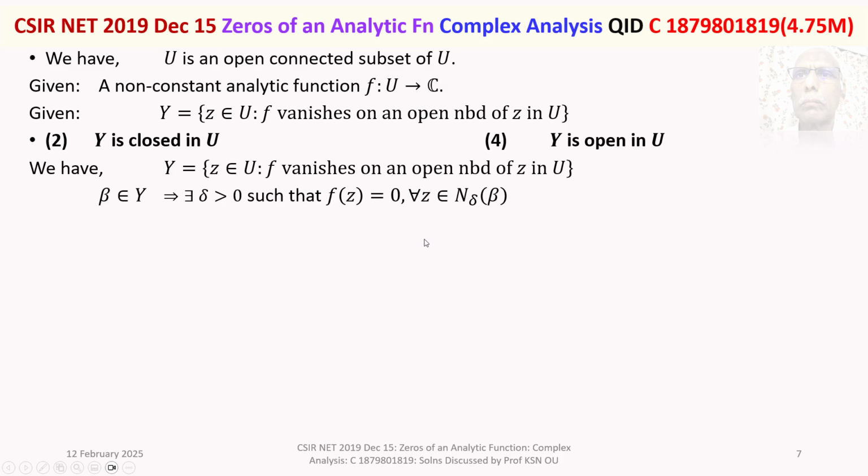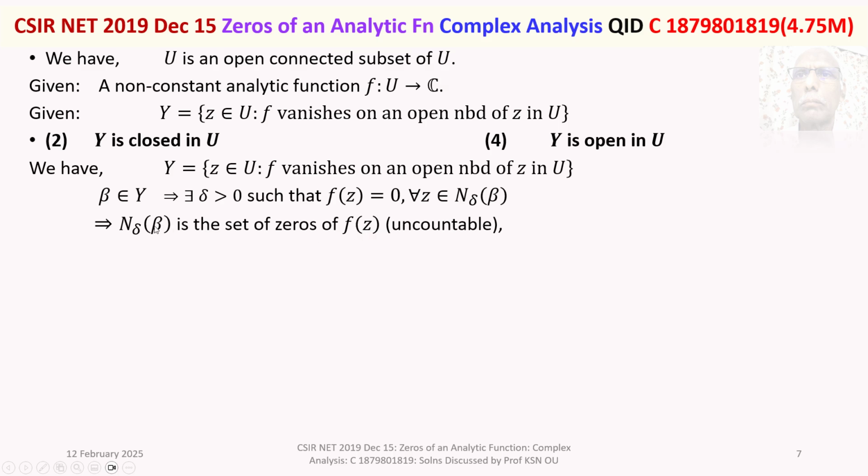This implies there exists a delta greater than 0 such that f(z) equals 0 for all z belonging to the delta neighborhood of beta, because of the definition of Y. So the delta neighborhood of beta is contained in the set of zeros of f(z).